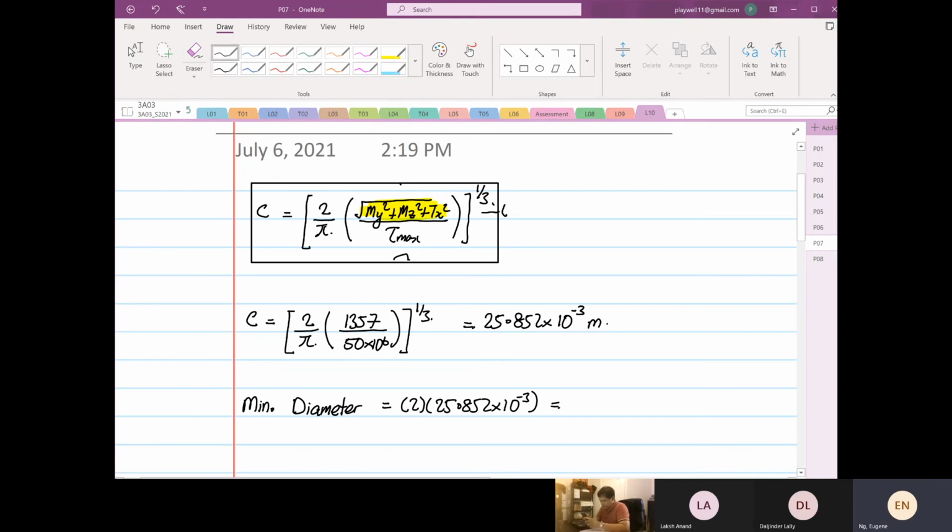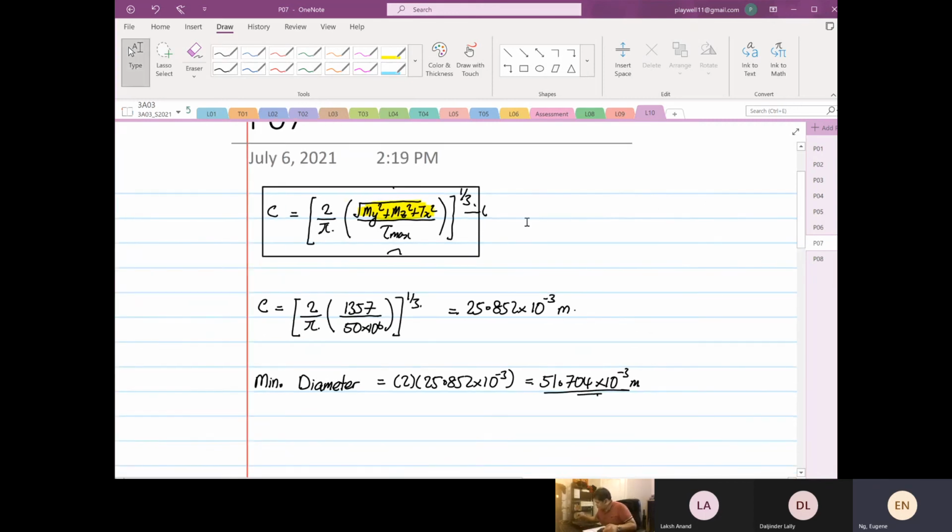Twice times 25.852 times 10 to the power minus 3 is equal to 51.704, so 51.7 times 10 to the power minus 3 meters. So this is what you will use for the minimum diameter.